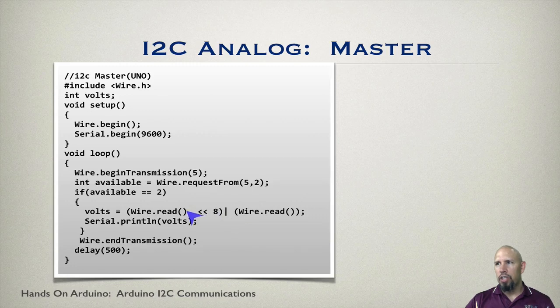So this one reads first, and then this one reads, and then this puts it all together into a single 2-byte value called volts, and then I will print out that value.